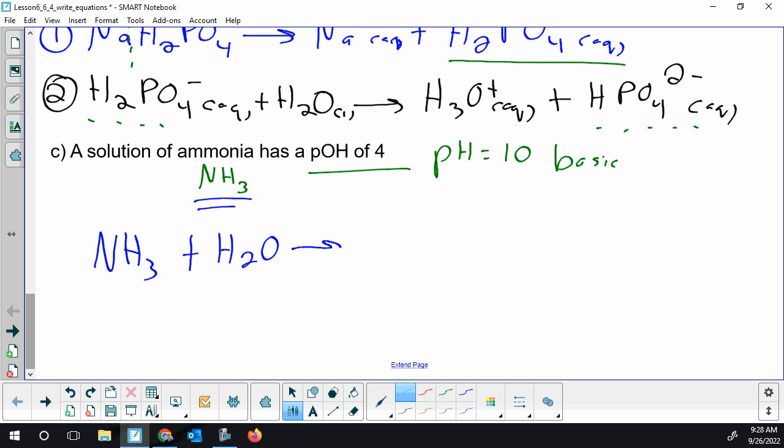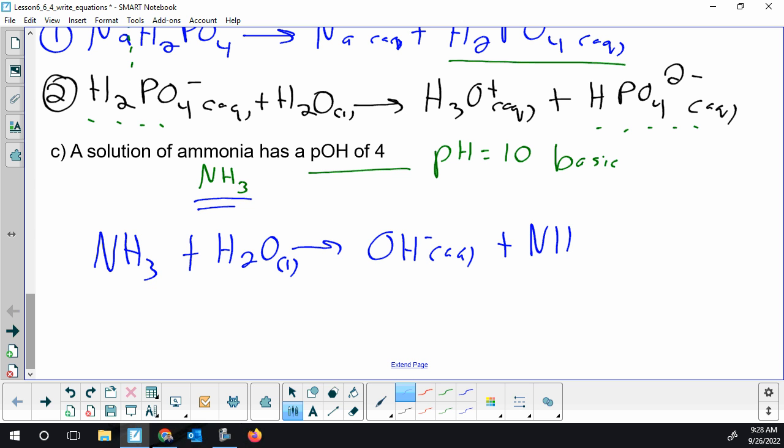All our modifieds are with water. We have a basic solution, so it's going to gain an H. It's going to rip water apart and make hydroxide. Okay. Your brain might have some bias, and it sees NH3, and it's like, oh, it's going to lose one of those H's. No, it's not. It's not an acid. Don't take an H away.